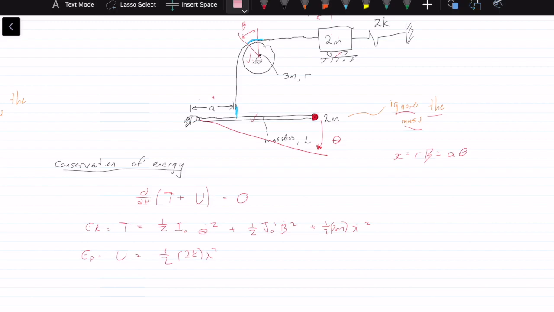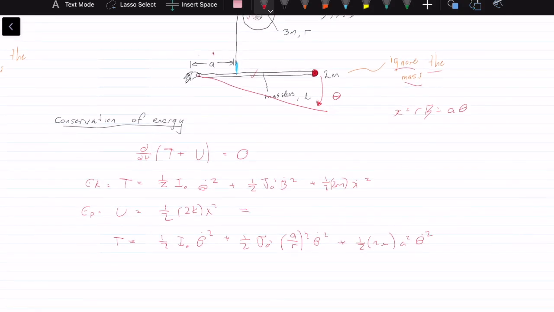So T is equal to half I theta dot squared plus a half J dash beta dot squared, where beta is going to be a over r times theta dot, plus a half 2m x dot squared, which is a squared theta dot squared. Doing a similar thing for U, it is a half 2k a squared theta squared.